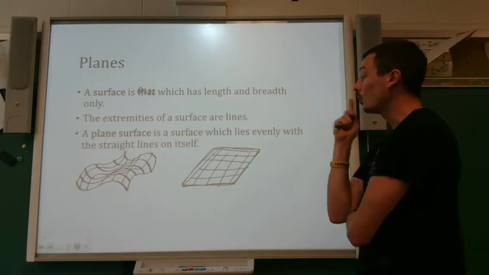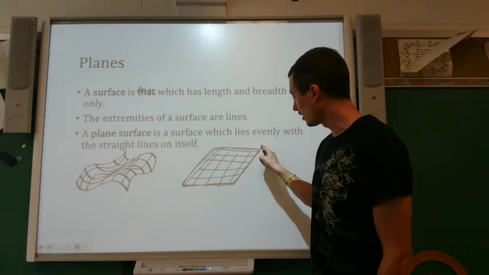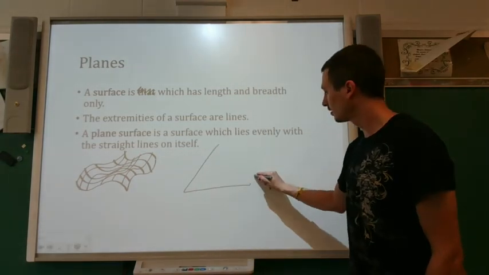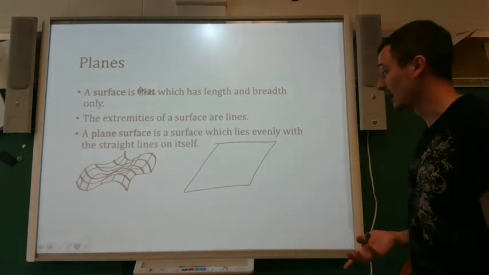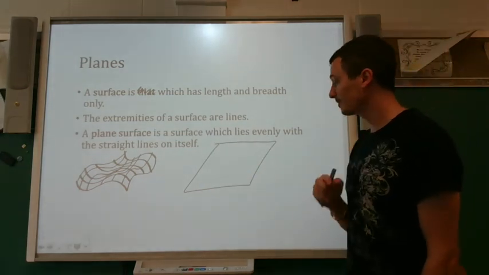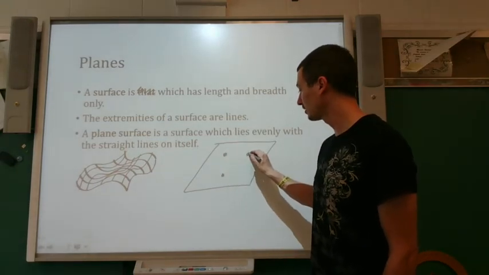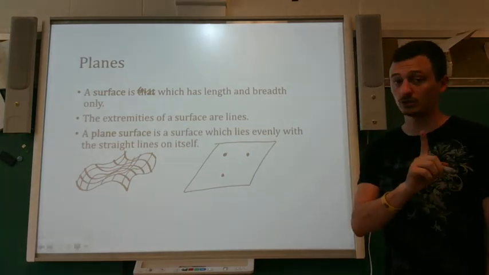So when you name a plane, let's all agree that that's a plane surface. It is a plane. To name a plane, you just have to pick 3 points on that plane, specifically 3 non-collinear.